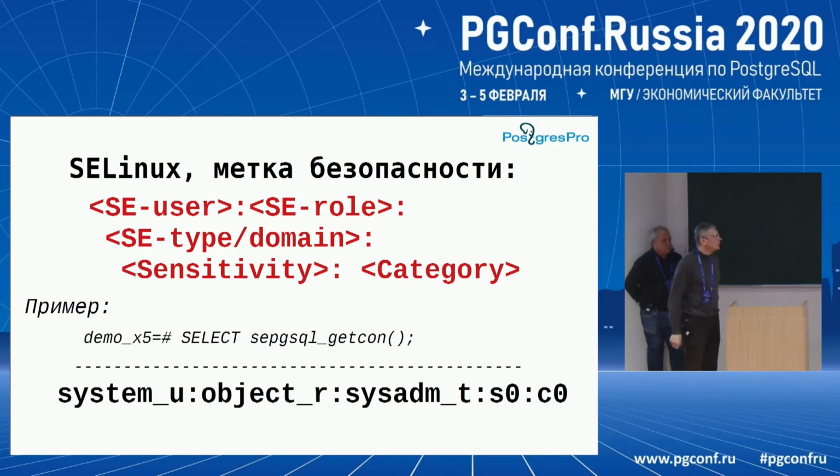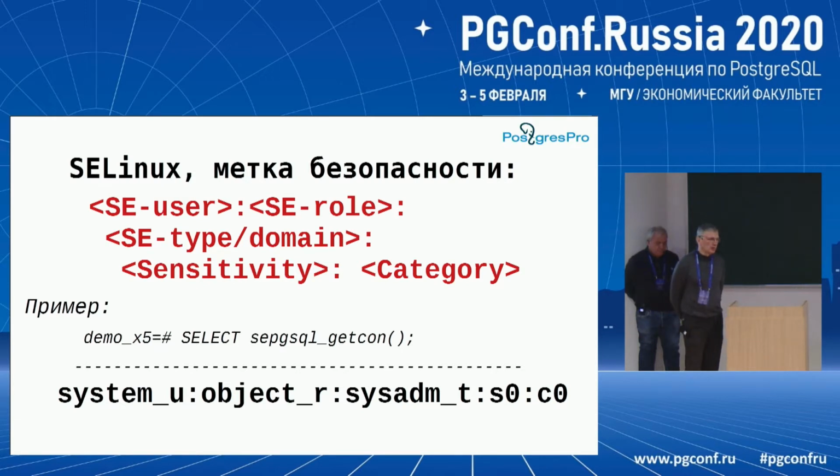SELinux. SELinux is an implementation of mandatory access control in Linux operating systems. Actually, there are several of them, but SELinux is most popular one. It is maintained by Red Hat and Russian operating systems that are certified.